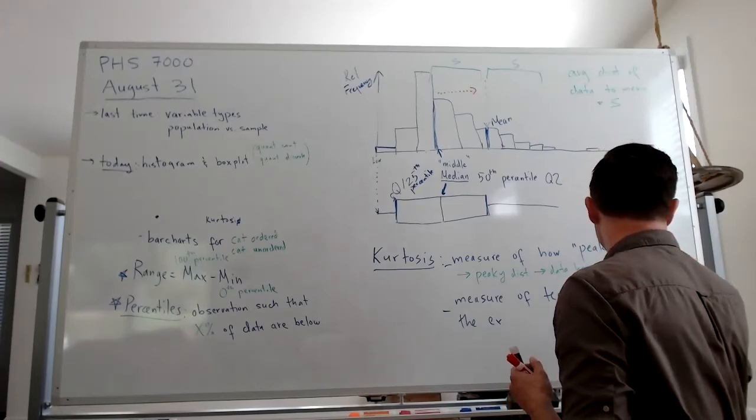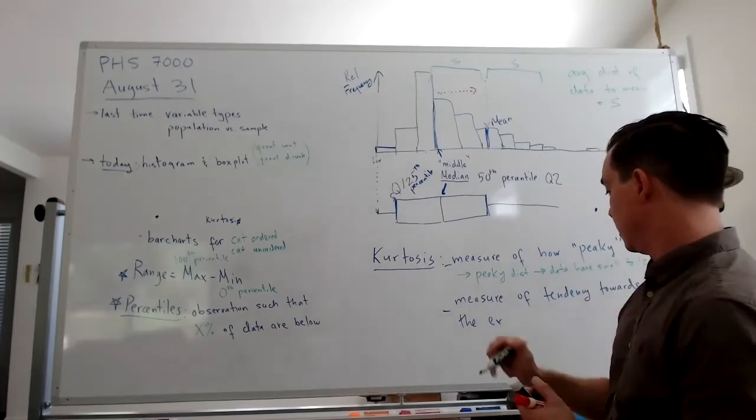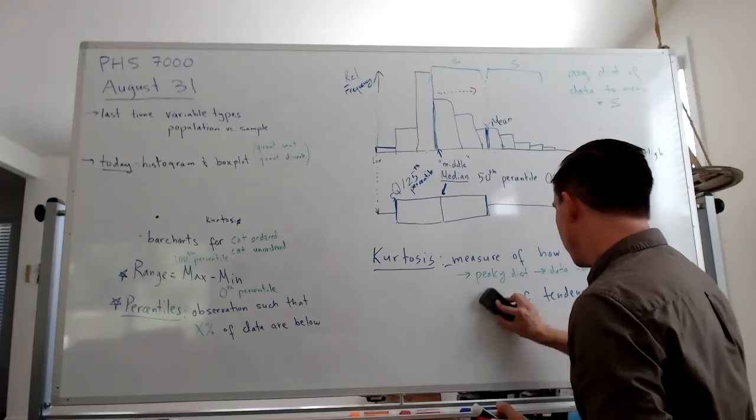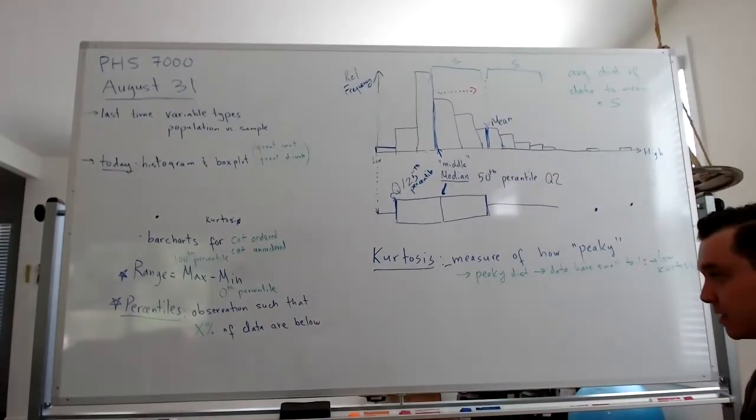Low kurtosis. You can also think of the opposite, how much data falls into the tails.